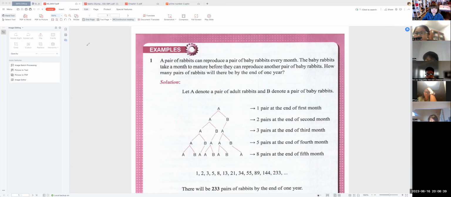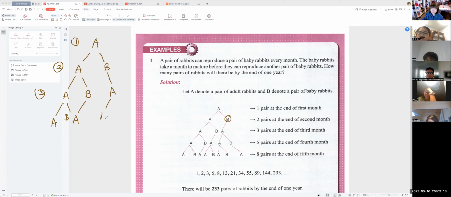So you see, first there is the daddy and mommy, and they give birth to a baby, and the daddy and mommy are still alive. This is the first month, second month, and third month. So this daddy and mommy can produce another baby, and after this month, this baby became an adult. Then the adults will give birth to another baby. Get it, everybody?